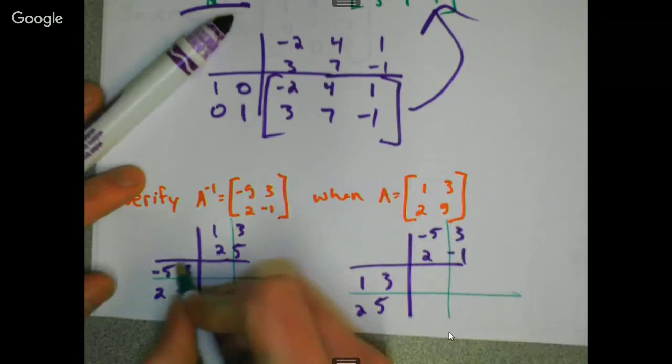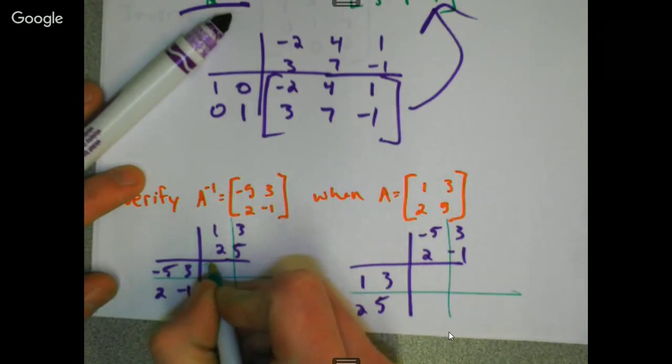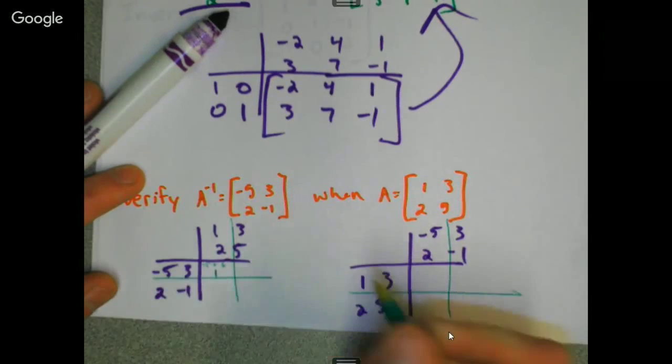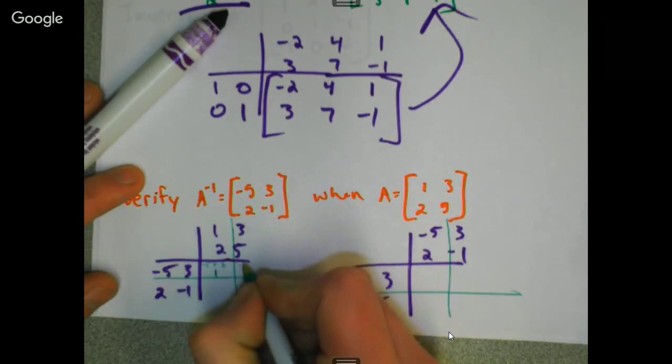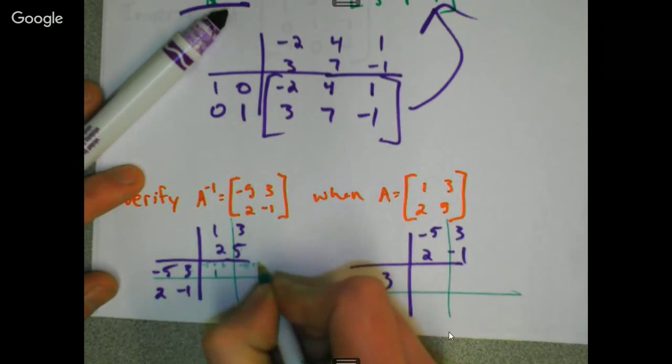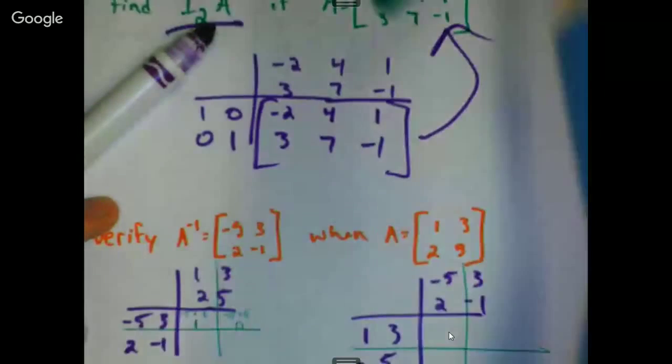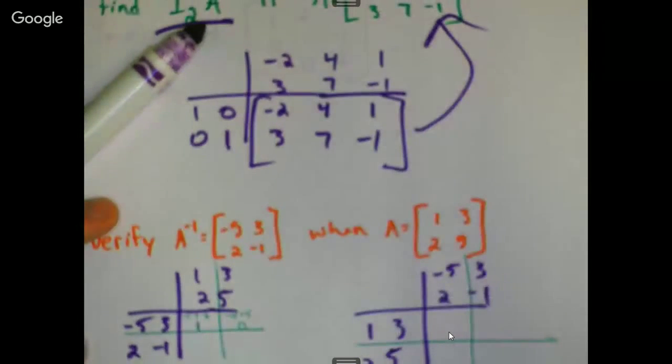When I multiply this, I'll get -5 plus 6, which is 1. Then I'll get -15 plus 15, which is 0. That's kind of hard to see on the camera there.